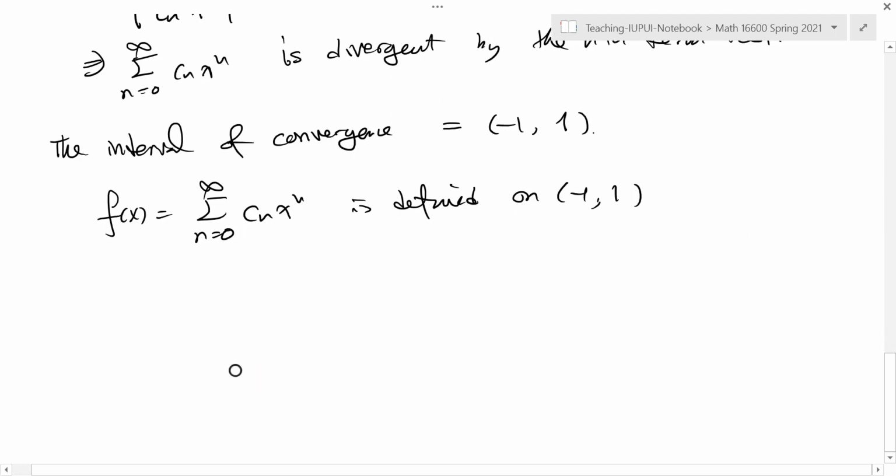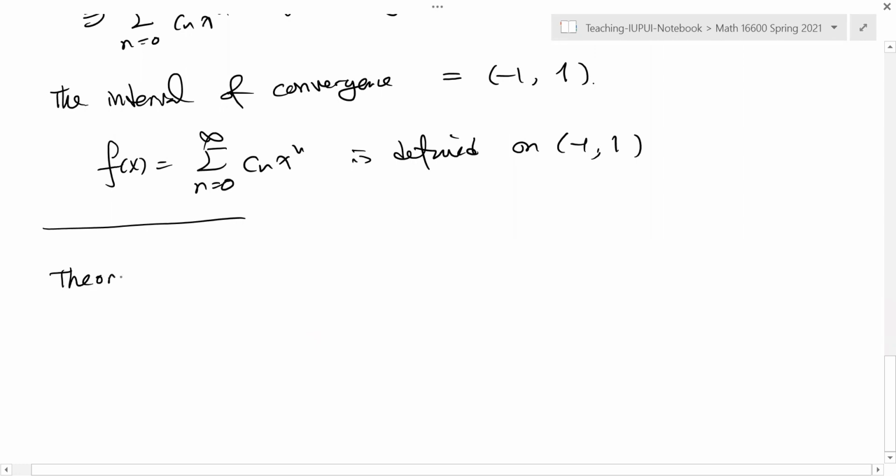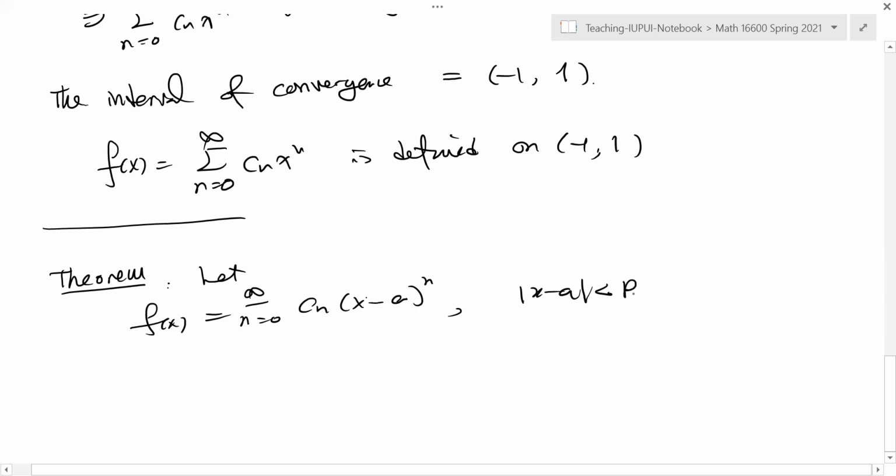So here we have an important theorem we're going to study today. We define this function f of x to be this, and this function is defined on this interval where R is the radius of convergence.